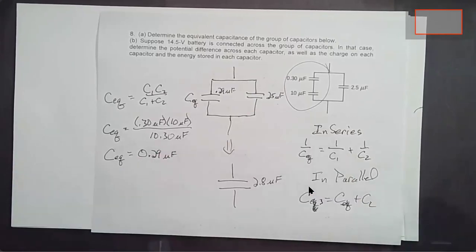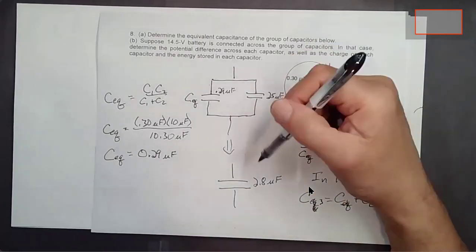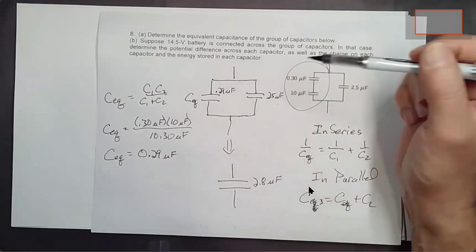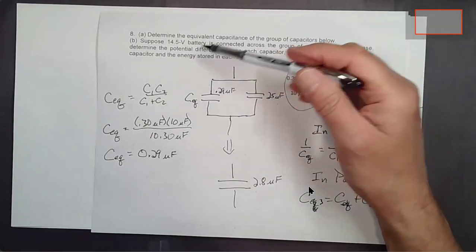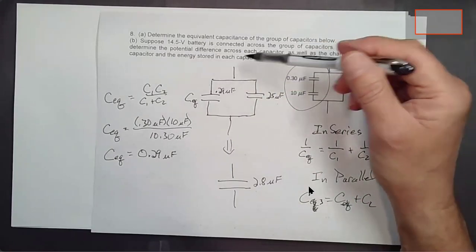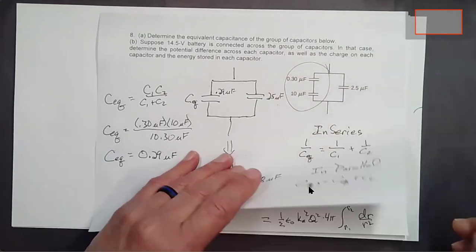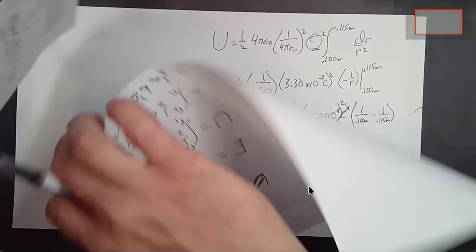Okay, so that was part A, and the book I took this out of was the open source OpenStax book. That's all you had to do on it. But I was wondering, suppose you hooked a 14.5 volt battery connected across this group of capacitors.